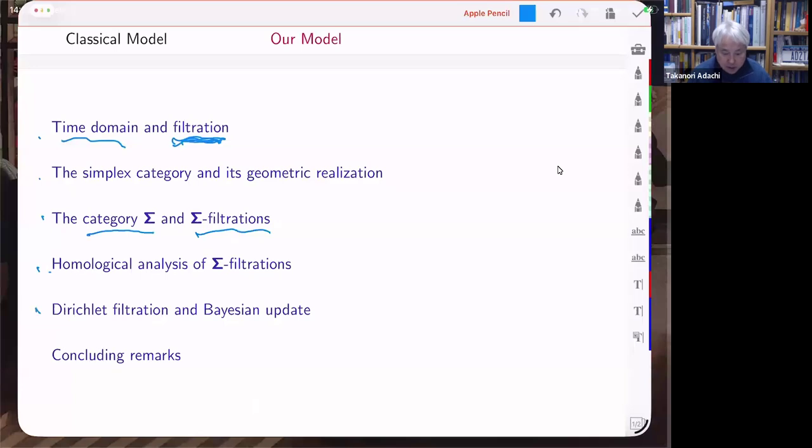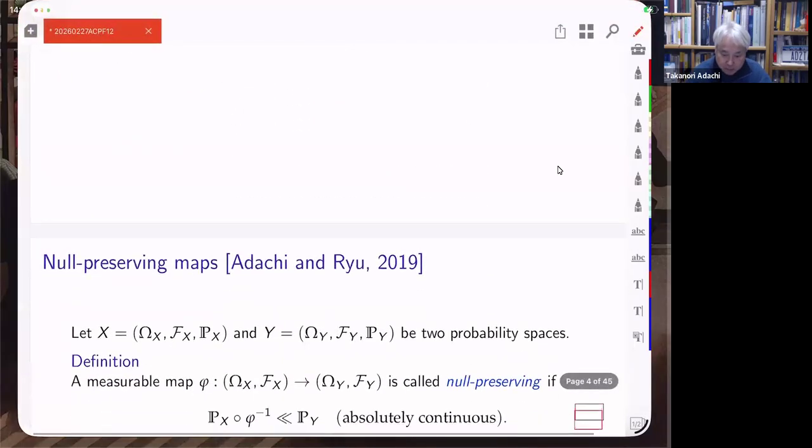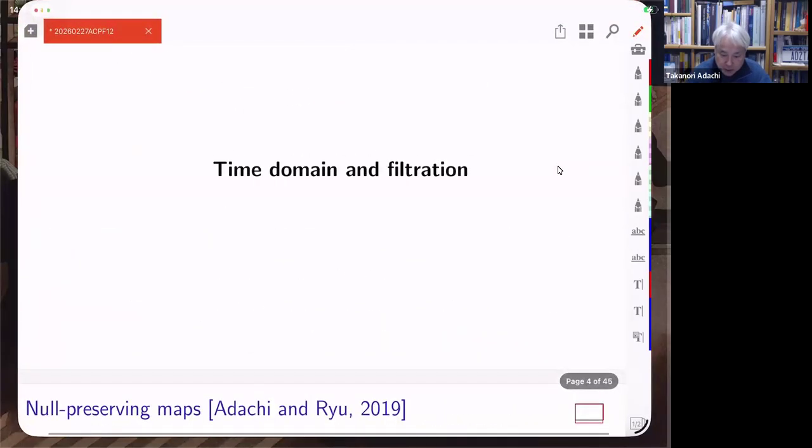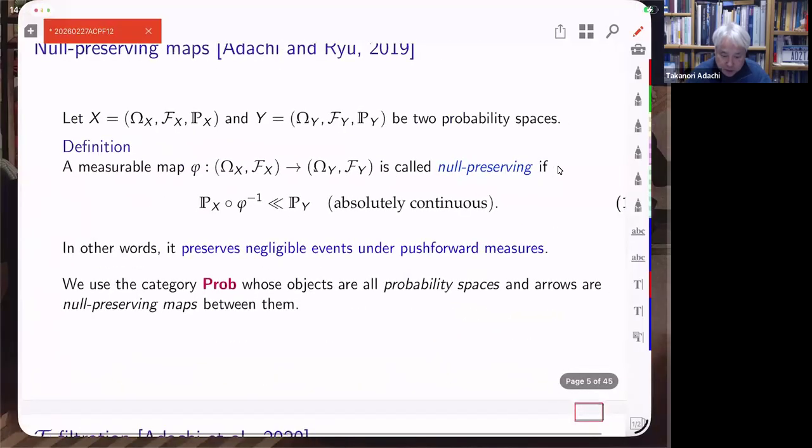The final part provides a concrete model of the sigma filtrations, which is the Dirichlet filtration. From the Dirichlet filtration point of view, we see what the Bayesian update is, and then some final conclusions. First, I will start with the time domain and filtrations.